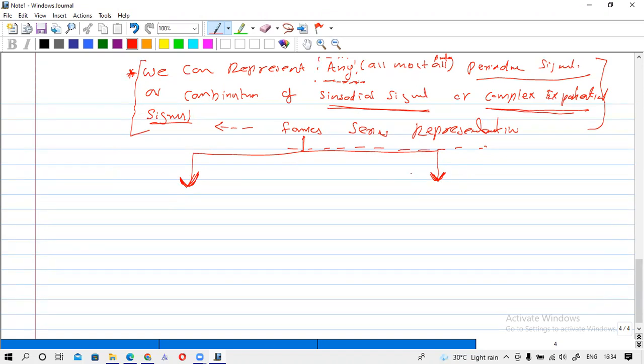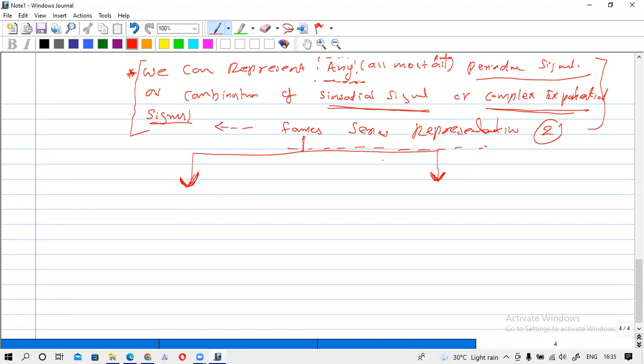One is using the sinusoidal signal. So the answer is 2 actually. We will have two Fourier series representations.